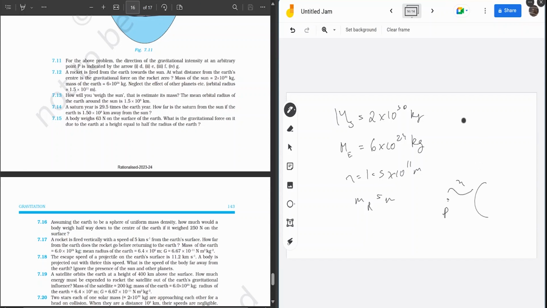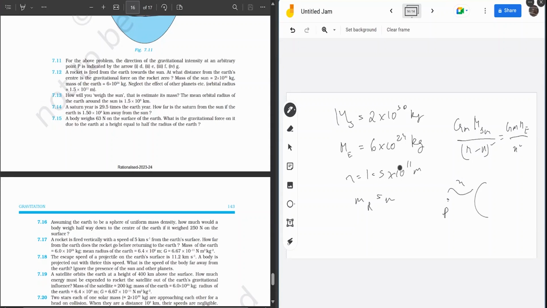So what we get here is G m M of Sun divided by (r minus x) whole square is equal to G into m M of Earth divided by x square.